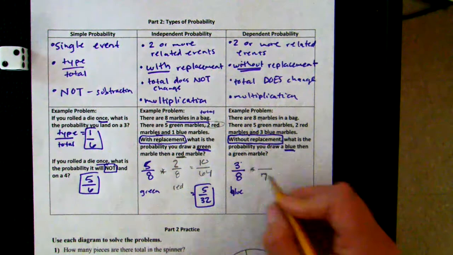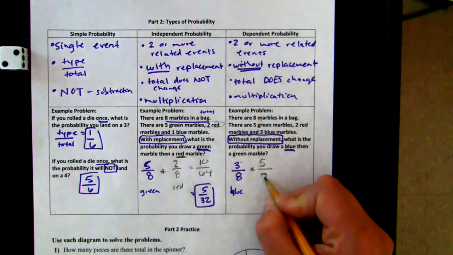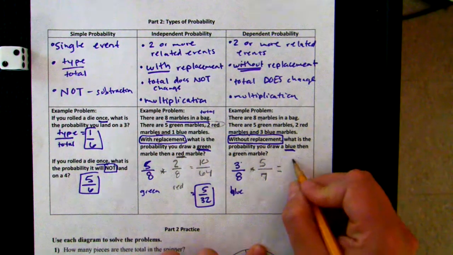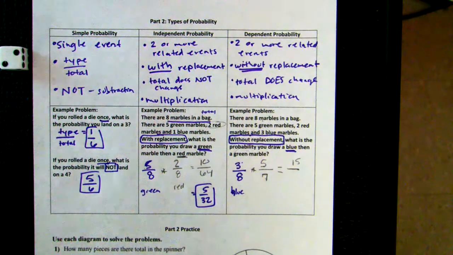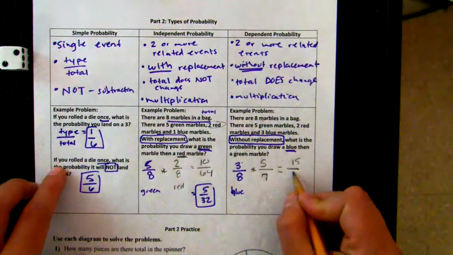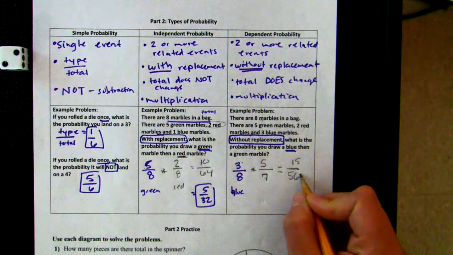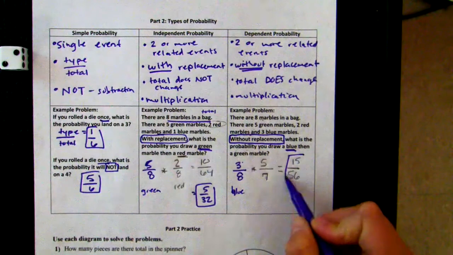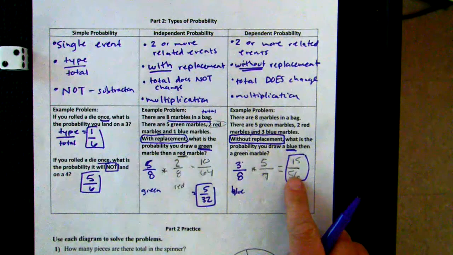I have 5 green marbles left over, so I have a 5 out of 7 chance of picking a green marble. 5 times 3 is 15. 8 times 7 is 56, right? Yeah, wow, doubted myself there for a second. 15 out of 56, let's see if that reduces. It does not, so that is my final answer.